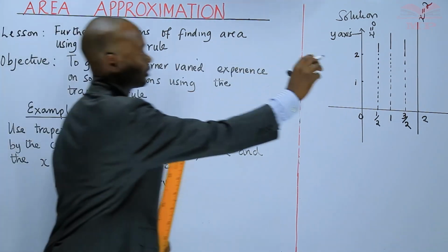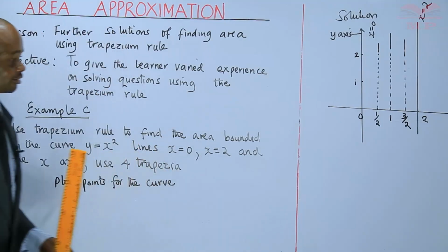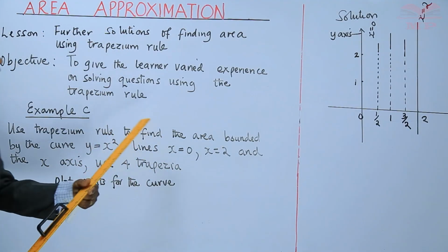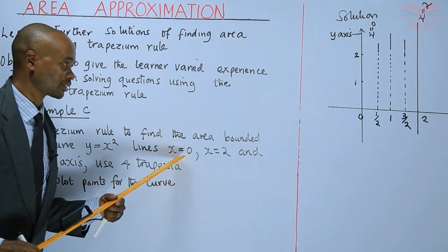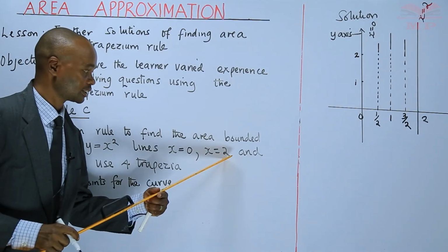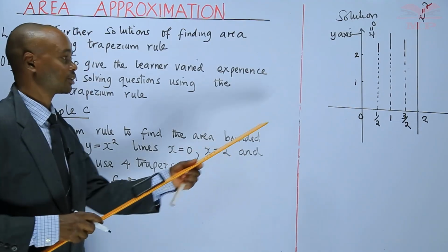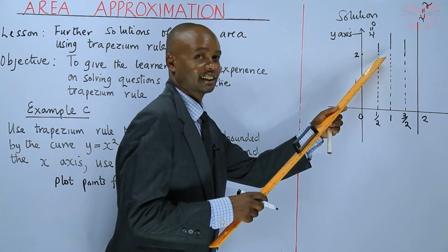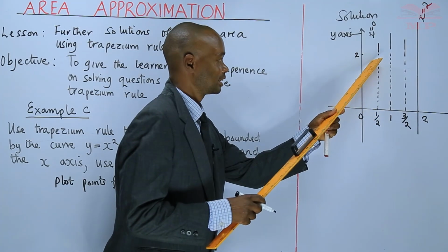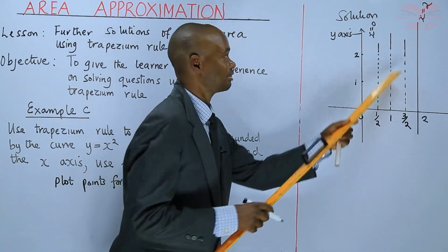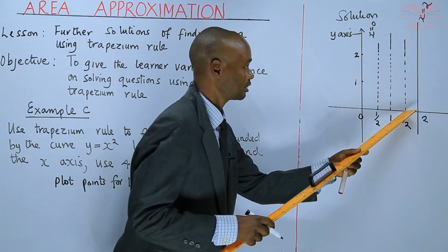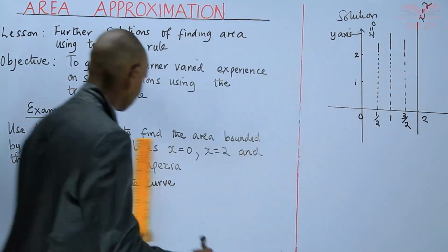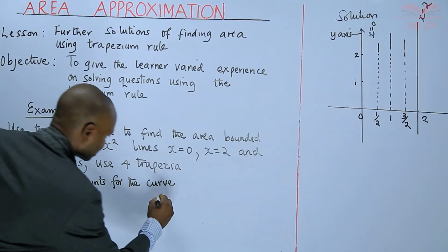I don't actually know how the curve goes, but I have to plot the points from values of x equals 0 up to values of x equals 2. When I get the value of y here, I would have got that ordinate. If I get the value of y here, I'll have got that ordinate. So let me go to that.